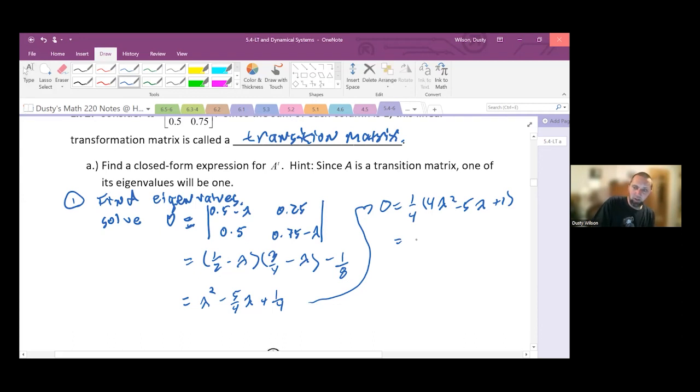So we've got (lambda minus 1) times (4 lambda minus 1), which tells us that lambda equals 1 or lambda equals 1/4. I guess this should be an or, not an and. Once again, notice that lambda equals 1 is an eigenvalue. That tells us that we have a transition matrix like we were talking about.